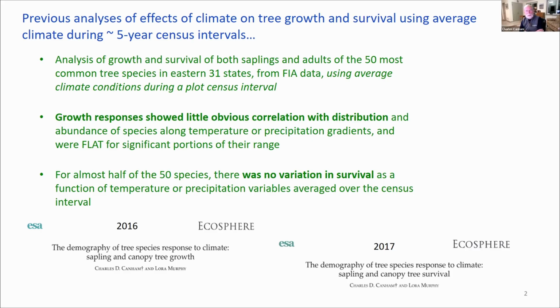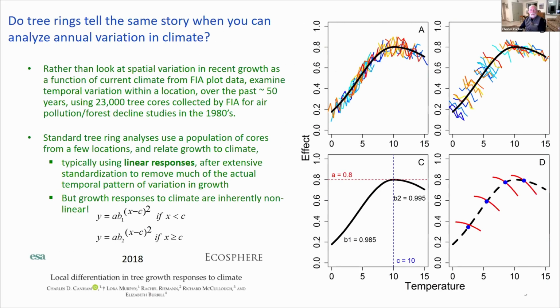And even more surprising, in about half of the 50 species, there was actually no variation in survival as a function of temperature or precipitation across the eastern US when using those 5-year average climate variables.